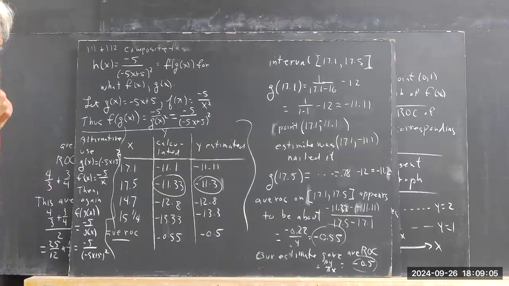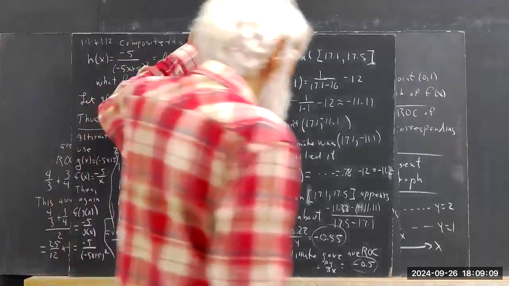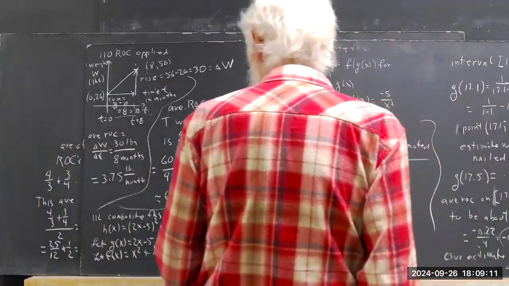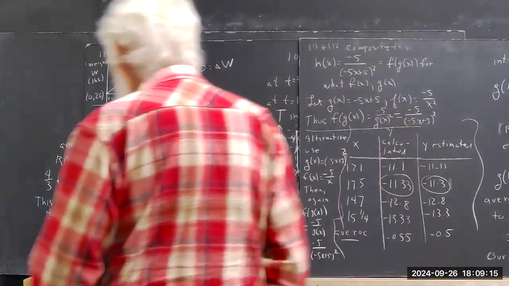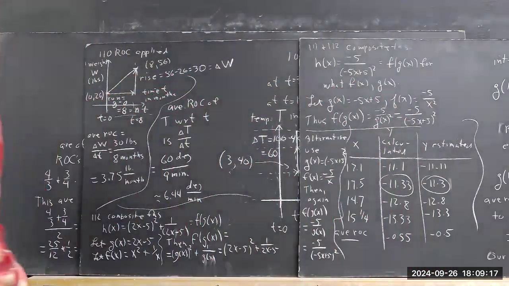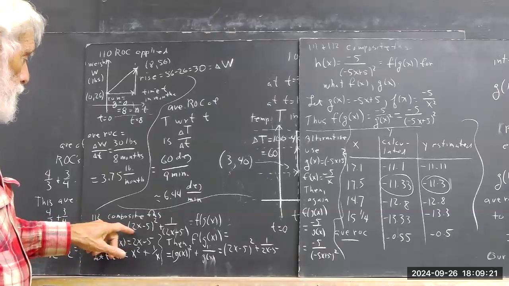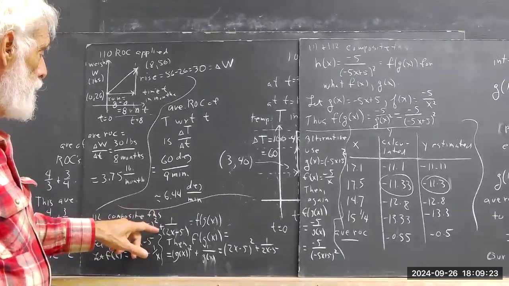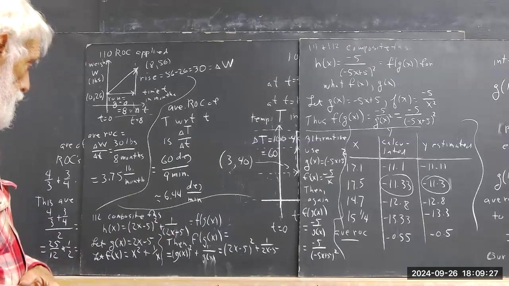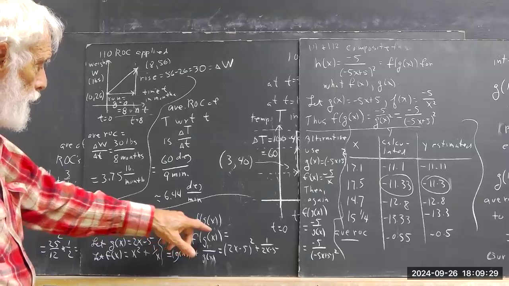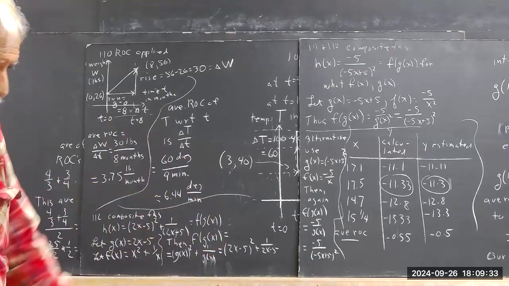Then there's another example. I want to do this slide. Note 112, composite function with h of x equals quantity 2x minus 5 squared plus 1 over quantity 2x minus 5. And you want that to equal f of g of x for some f of x and some g of x.